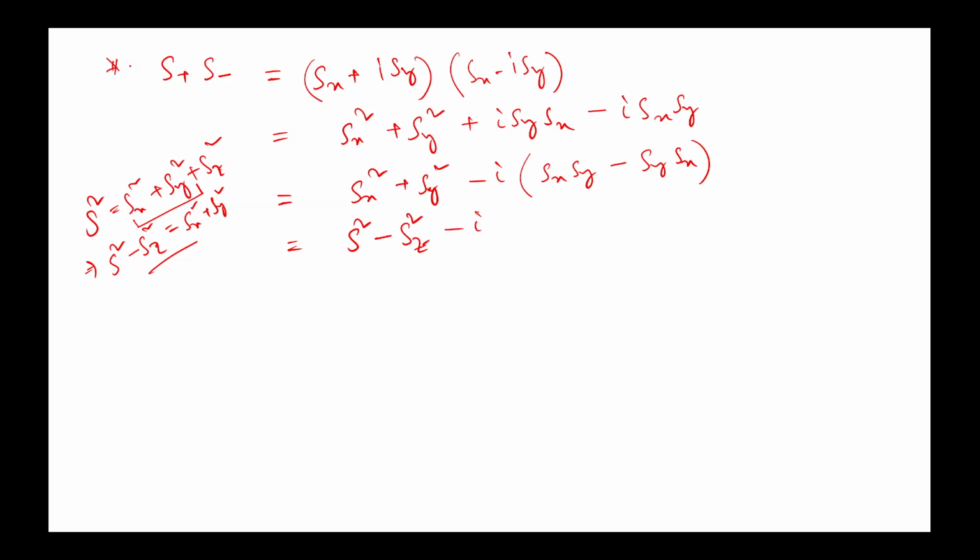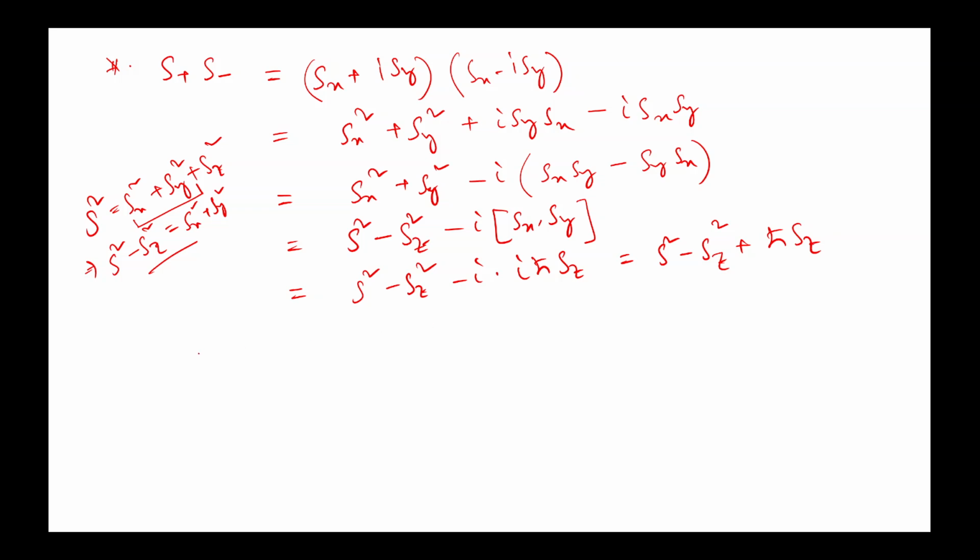So now you have SxSy, and you can write these as S square minus Sz square minus i times iħ Sz. So now you have S square minus Sz square, and this is your plus ħ Sz.